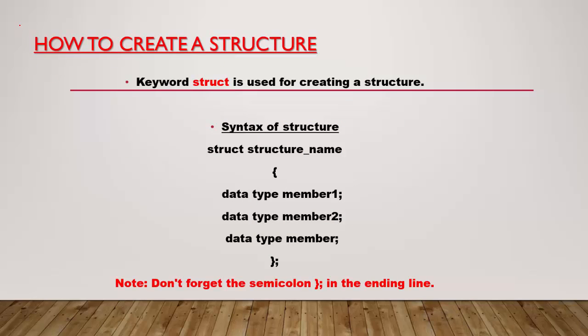So how can we create a structure? When you are going to create a structure, use the struct keyword. After the struct keyword, you have the definition, the standard model of defining a structure.